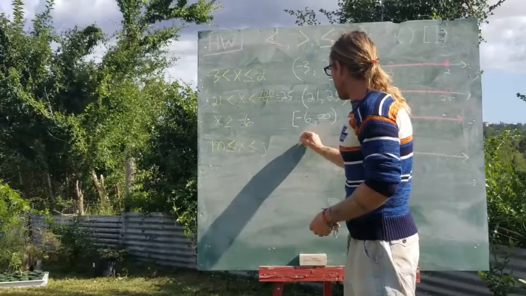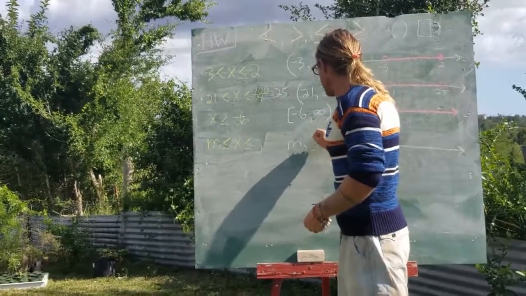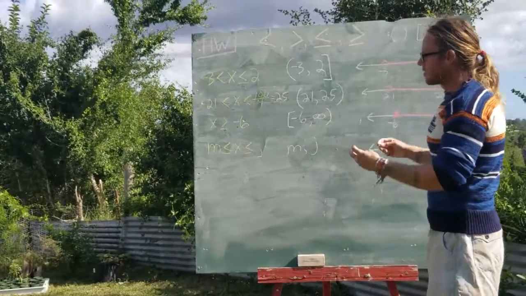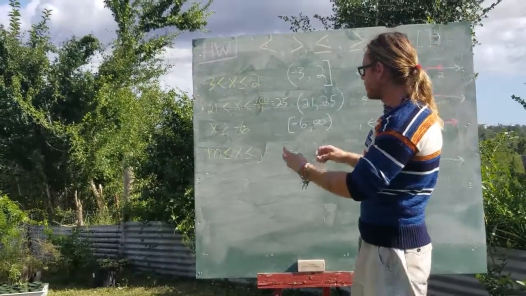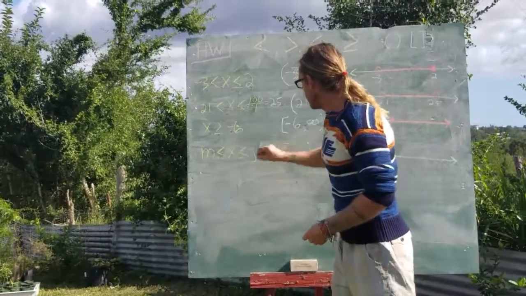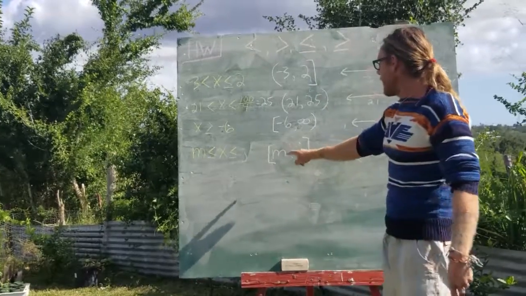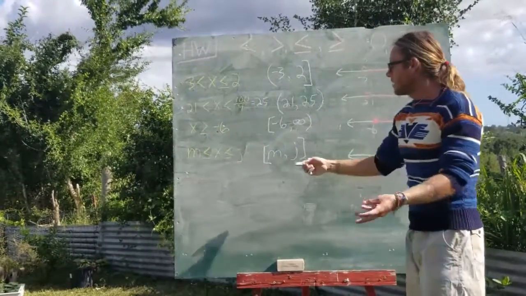So we have m, we have j, x, where the interval consists of all elements x in between m and j, including m and j, because of these. So square bracket m, comma, j, our interval notation.